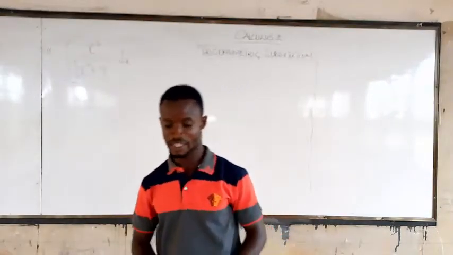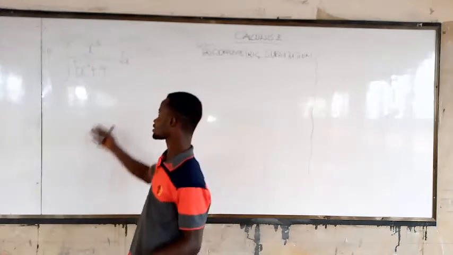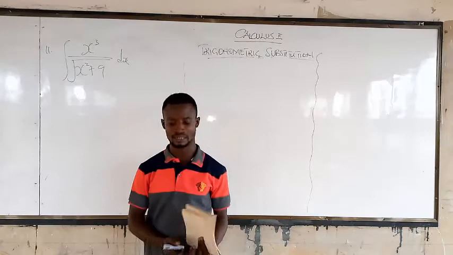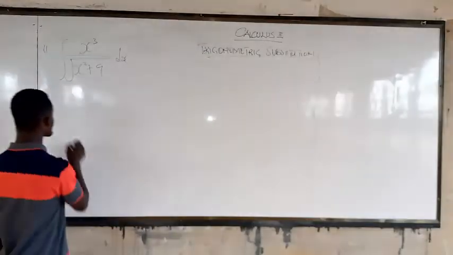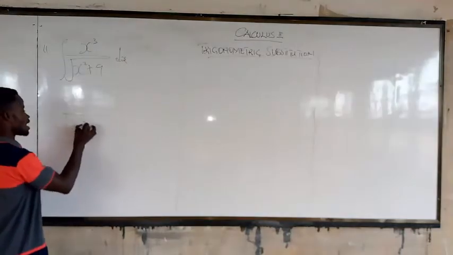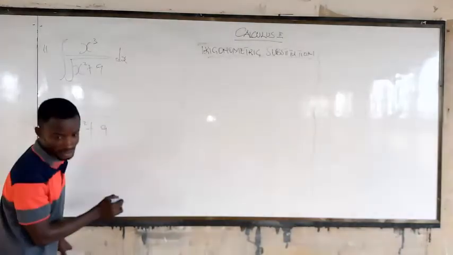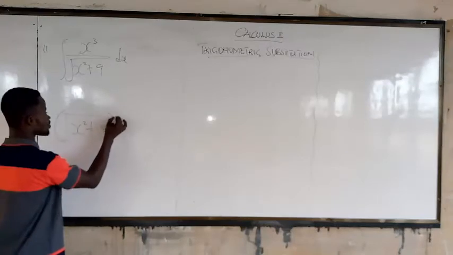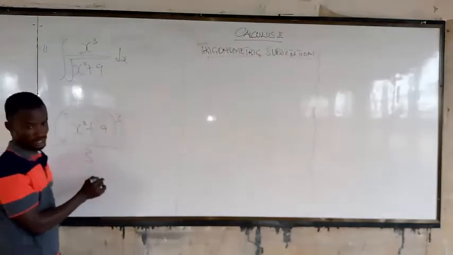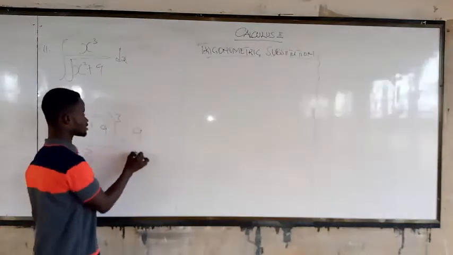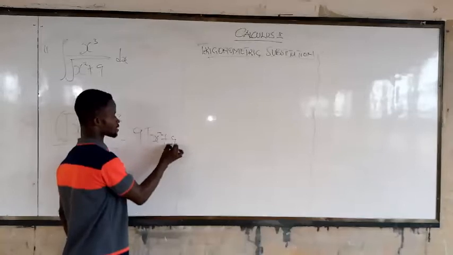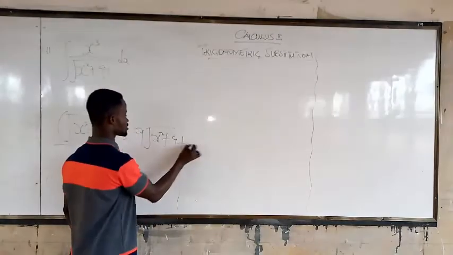Alright? And when you do it, you know that this is just the time you go your way. But when you do that, your final answer is going to be x squared plus 9 all to the power 3 over 3 minus 9 square root of x squared plus 9 plus c.